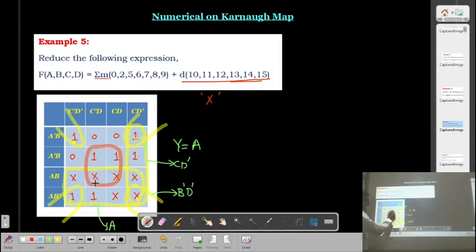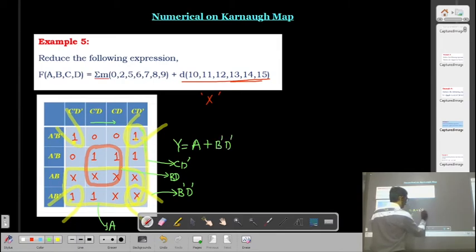And if we write for the center one, then you are moving in this way, the D is constant and the B is constant, so it is BD. Okay? So I can write that y is equal to A plus B dash D dash plus BD plus CB dash.